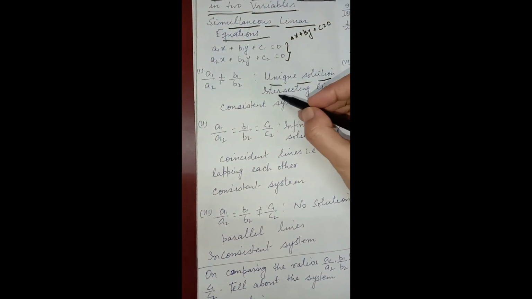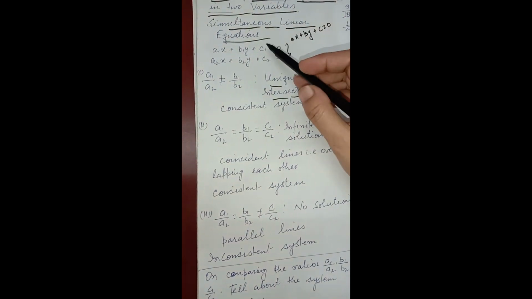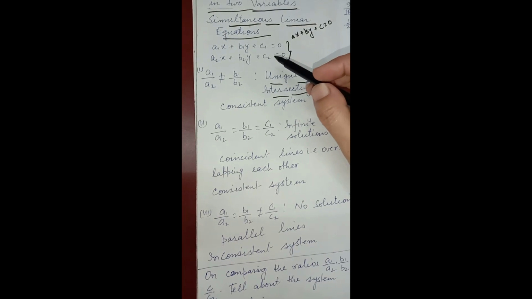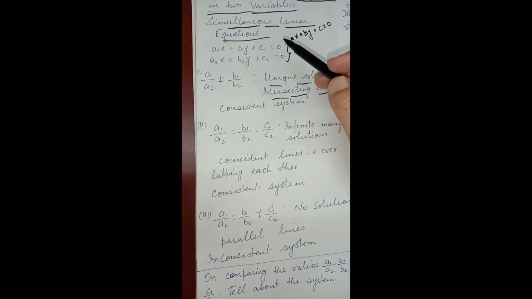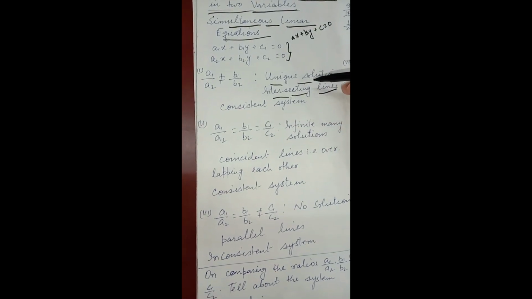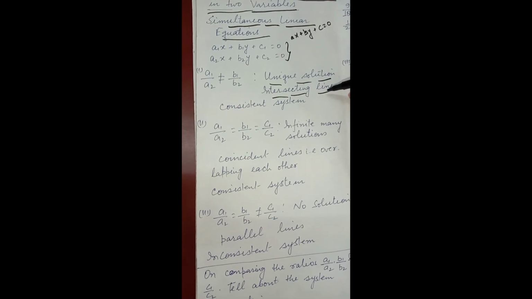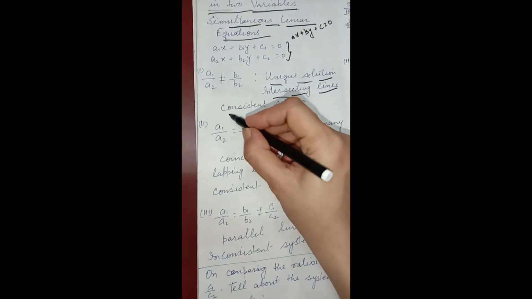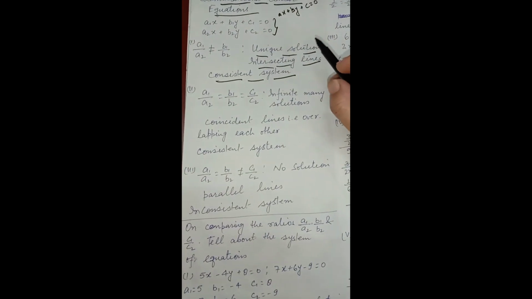They'll have intersecting lines, meaning when you draw the line for the first equation and the second equation, both lines will intersect at a point on the graph paper. And the system will be known as a consistent system. If the system has a solution, then it is a consistent system.